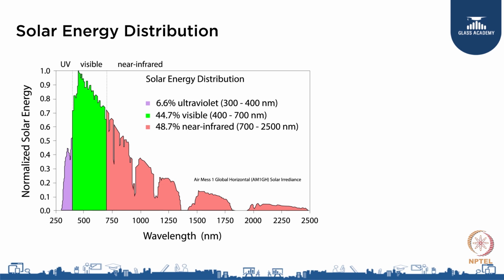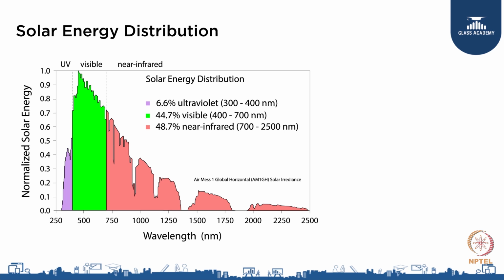Now our interest is to bring in as much visible part of the spectrum as possible and to stop all the ultraviolet and near infrared part of the spectrum, because that doesn't aid in vision. And in places like the tropics, where most of the time of the year we are doing cooling, we don't want this radiation to enter, because that will only increase our air conditioning load.